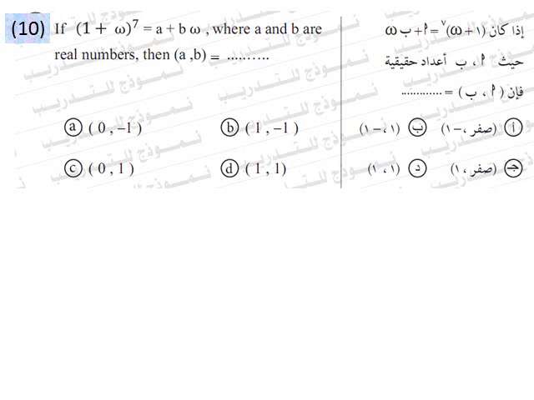If (1 plus omega) to the power 7 equals A plus B omega, where A and B are real numbers, then find A and B. (1 plus omega) to the power 7 equals negative omega squared, all to the power 7, equals negative omega to the power 14, equals negative omega squared, equals 1 plus omega, equals A plus B omega.